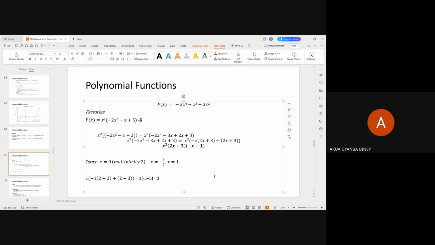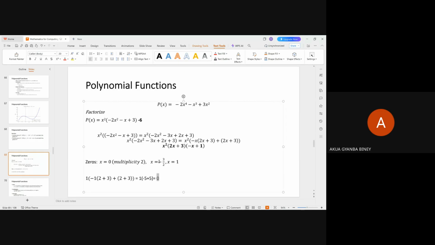Do you understand? Okay, so the zeros are those numbers that when you put into the equation, will make the whole thing 0. If I put x equals 0, the equation will run to 0. If I put x equals 1 into the equation, I will also get 0.